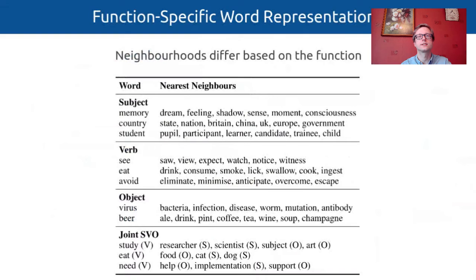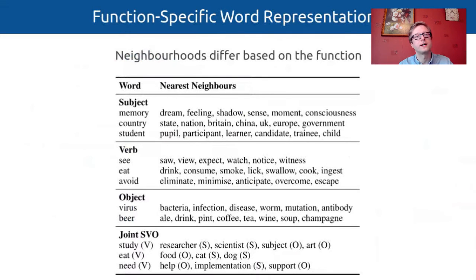Here you can see some example nearest neighbors from the optimized model. Each of the groups has separate embeddings, but because of the way we learn them, they are still in the same space. So we can find the nearest neighbors within a group. For example, if you look at the verb eat, then it is similar to words drink, consume, and smoke.